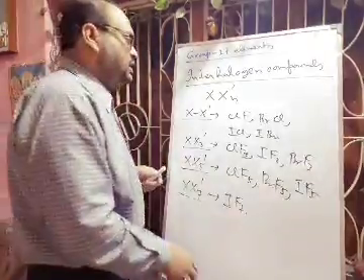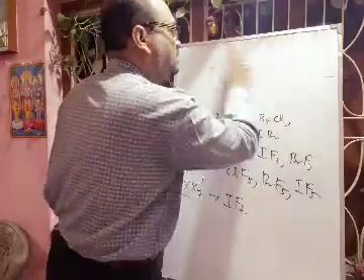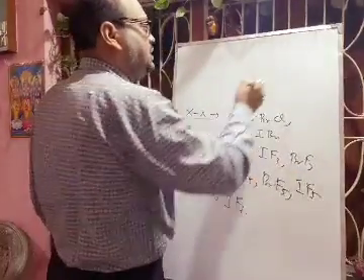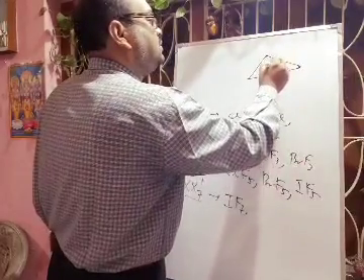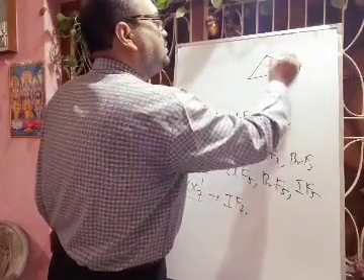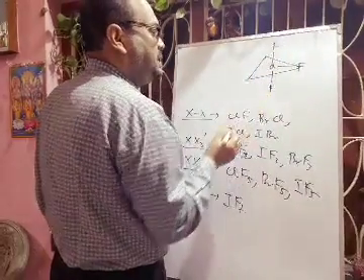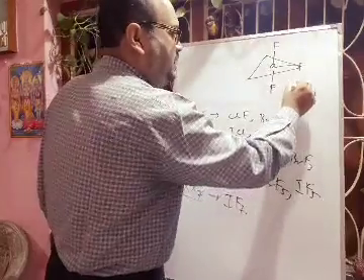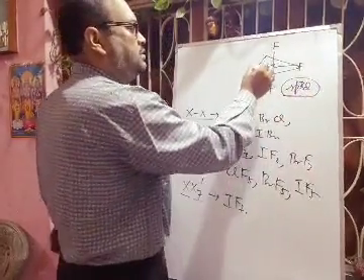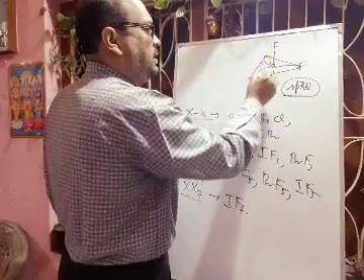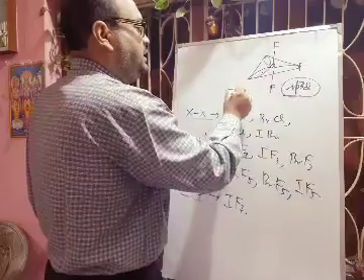Already in class 11 you have drawn the structure of ClF3, sp3d hybridization, and two corners of this trigonal bipyramid are occupied by lone pairs. So the compound will be T-shaped.